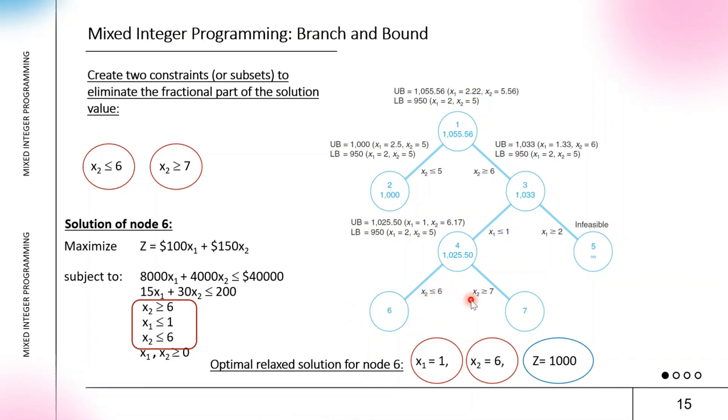Here we must add the new constraint for node 6 to the relaxed LP form of the optimization problem that we have at node 4. This process creates a new relaxed LP form for the optimization problem. In other words, we must add new constraints from nodes 3, 4, and 6 to the initial relaxed LP form of the optimization problem.